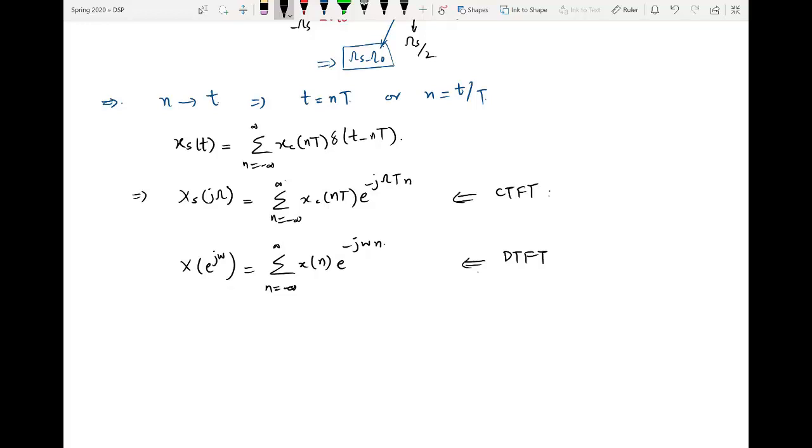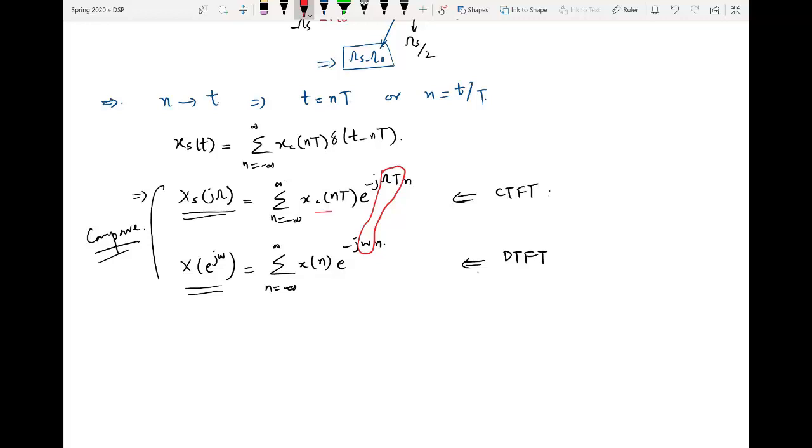Now if you compare these two formulas of DTFT and CTFT, what is the similarity? The similarity is that the left hand sides will be equal to each other only if we set these two parameters equal to each other, because all other things are the same.